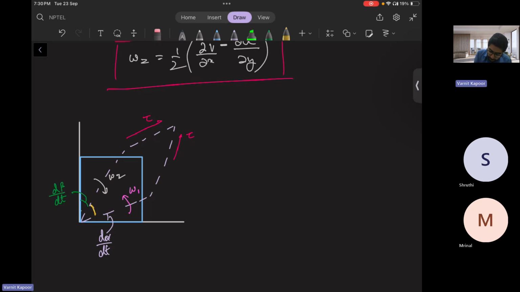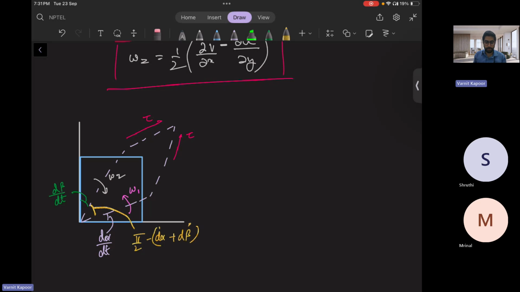How can you write it? This whole angle is 90. If you subtract this angle and this angle, you will get this. So this is nothing but pi by 2 minus d alpha by dt minus d beta by dt, or I can write alpha dot and beta dot.